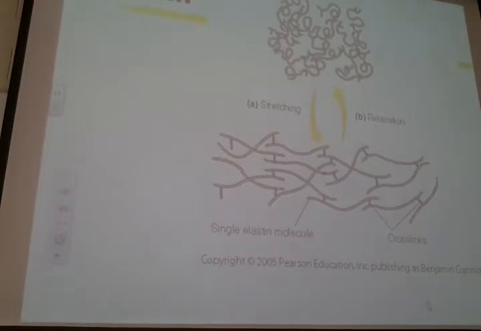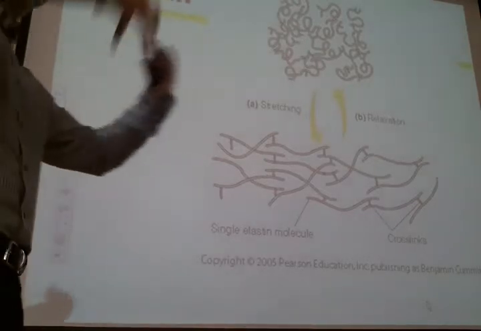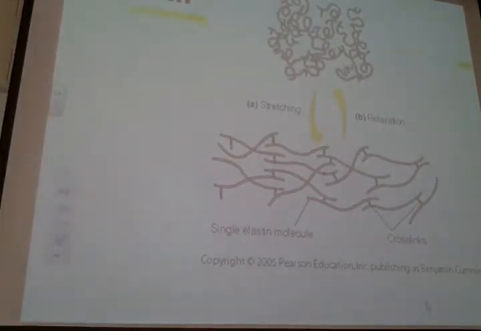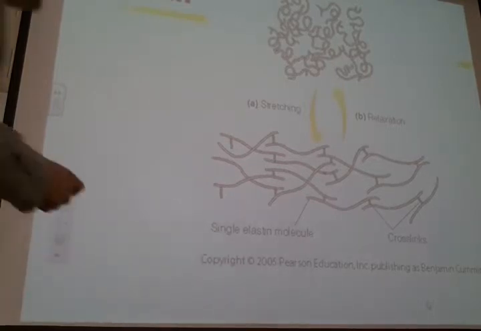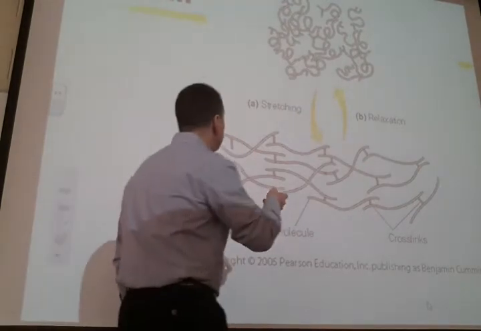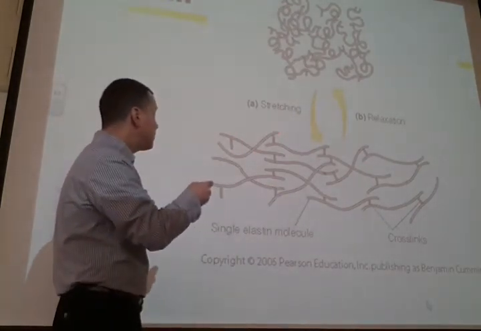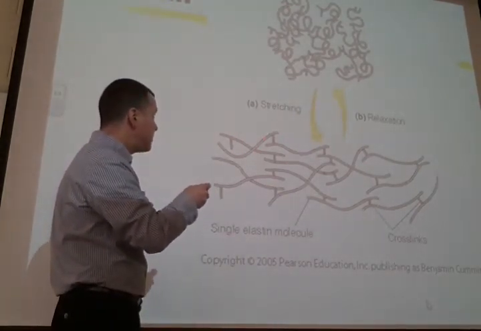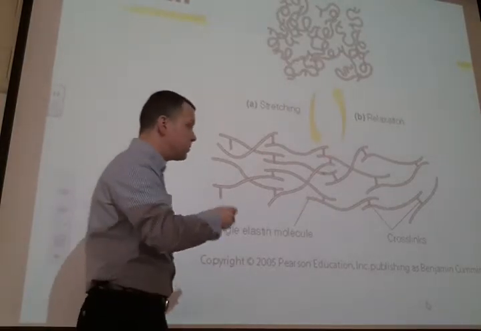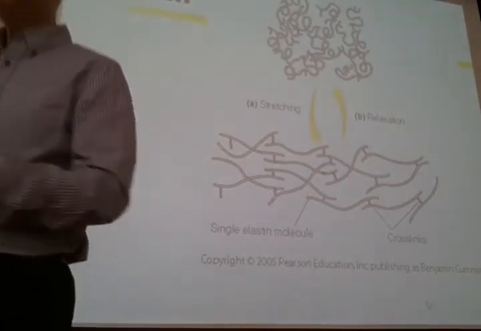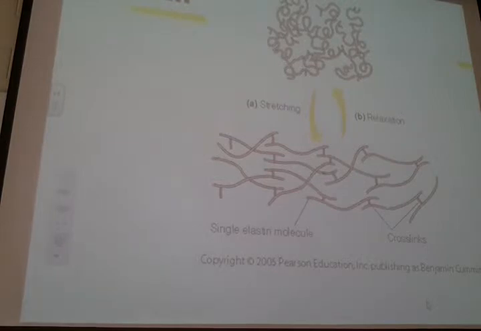It would be good if some component of this had some sort of bendable, elastic kind of characteristic to it. And that's what elastin kind of brings to the picture. But you can also see that these are cross-linked as well. So individual elastins can interact with each other to, again, help form a more solid kind of structure. But this one, again, has more elastic sort of properties to it.